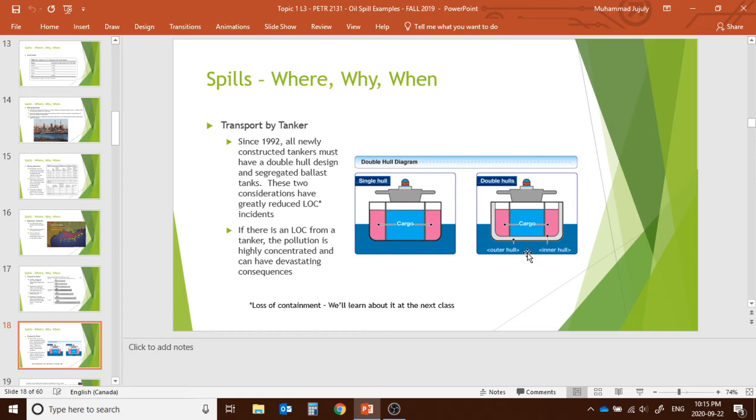If one hull is affected and leaks, the cargo still remains intact. That means we have more protection to reduce the LOC, which is loss of containment. We'll learn about this later.